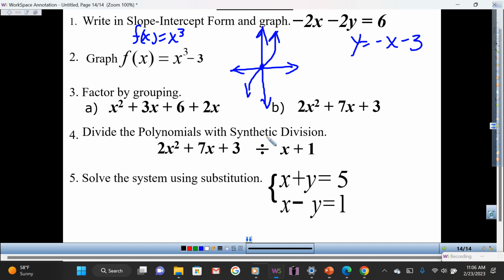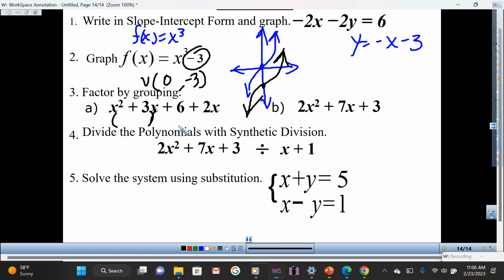Alyssa, what am I going to do? Move it down 3. Yes, that is correct. Or in other words, the vertex, since there's nothing on the left side of the x, and on the right side it's no parentheses, that means h is 0, and k is negative 3. So 0, 0 becomes 0, negative 3, yes.